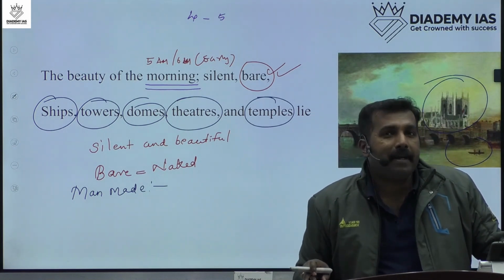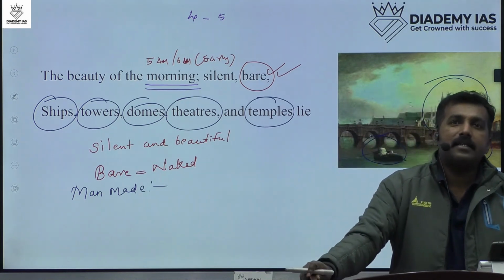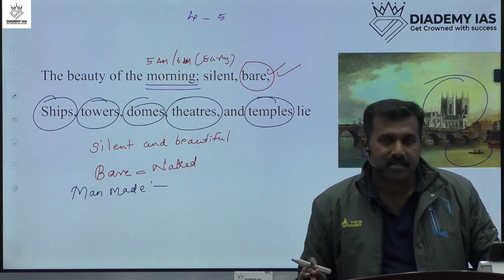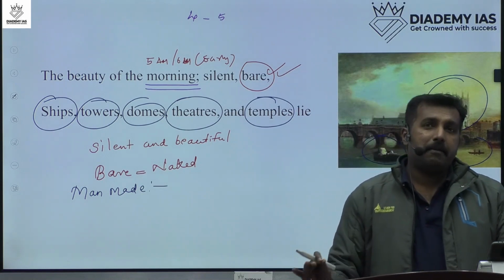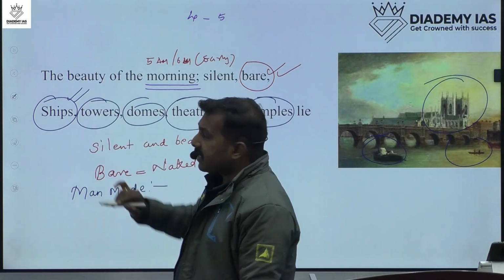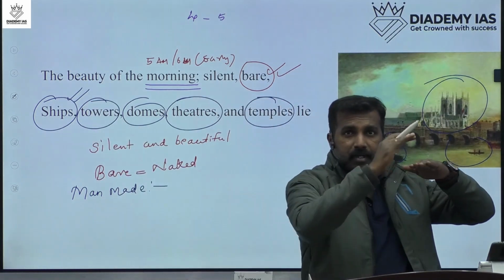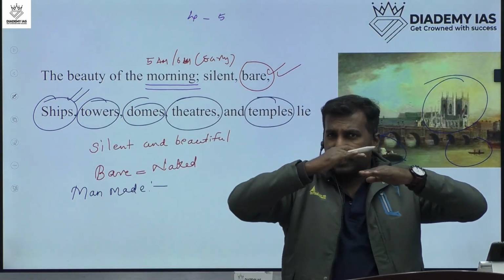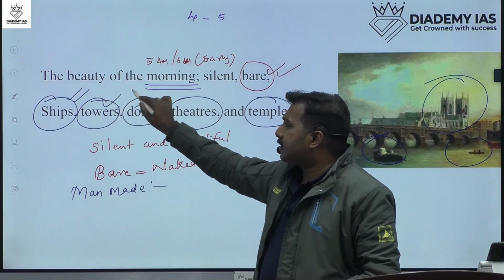Man-made means objects or things created by men. Here there are ships in the Thames River, towers, and a lot of buildings.